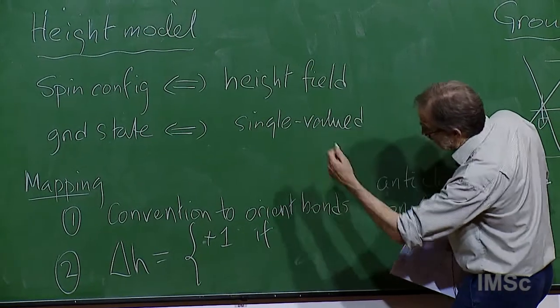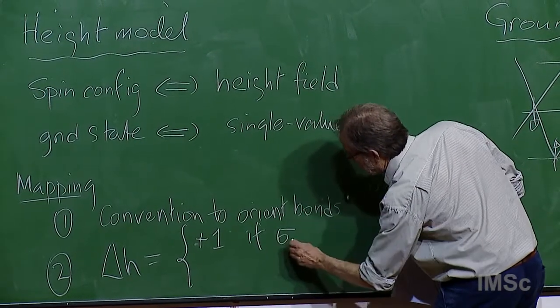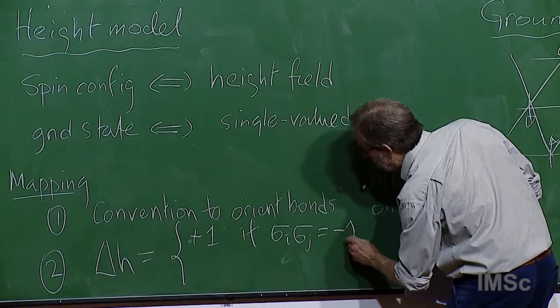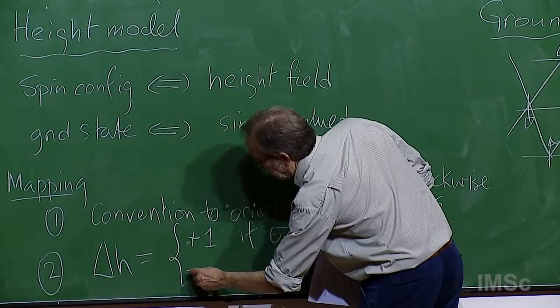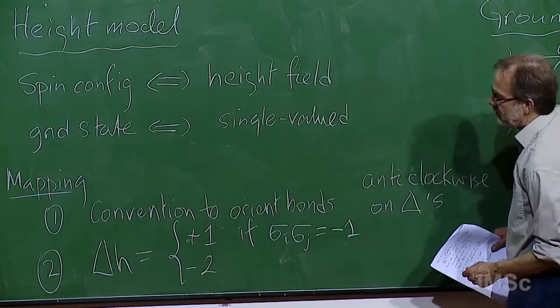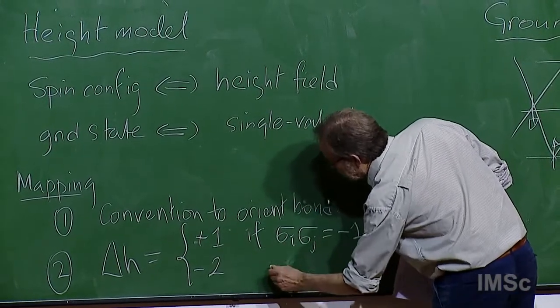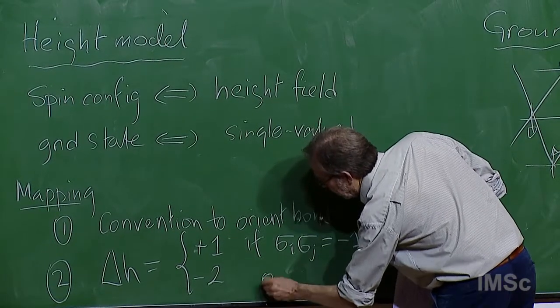And so with antiferromagnetic interactions, unfrustrated bonds have opposite spins. And I'll say I have a height difference of -2 if the spins are frustrated.